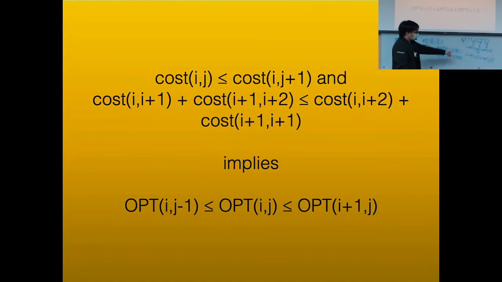I think this is called the quadrangle inequality, something like that. Basically, again, the cost has to grow faster than linear. If you have more elements, it's more expensive. This plus this is greater than this plus this.